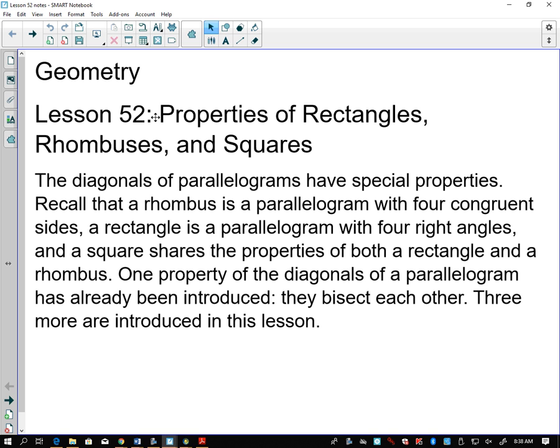Now, that doesn't mean that the diagonals themselves are congruent to each other, right? Because in a rhombus that is just a rhombus, not a square, those diagonals bisect, but they're not equal to each other. Do you follow me? Okay. Three more are introduced in this lesson, so there's quite a bit here.